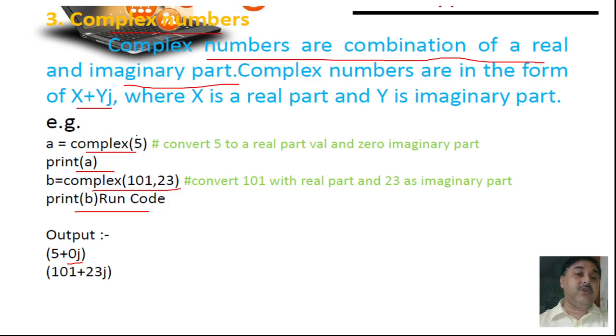The x part value is given here, 5, so 5 is printed. The y part value is not given, therefore the value of y given here is 0j. So 0 becomes the imaginary part. Since here 101 is there and 23 is there, isn't it?